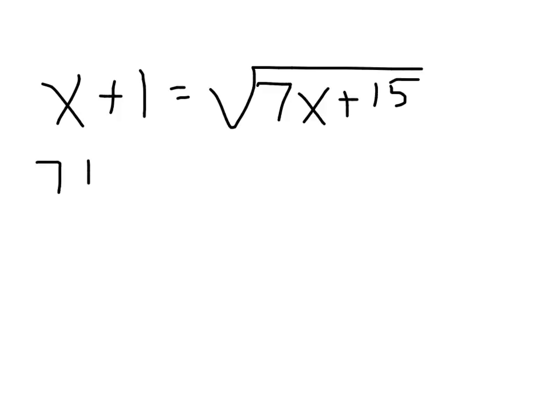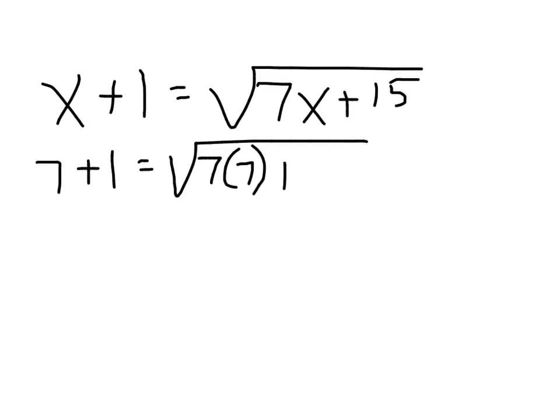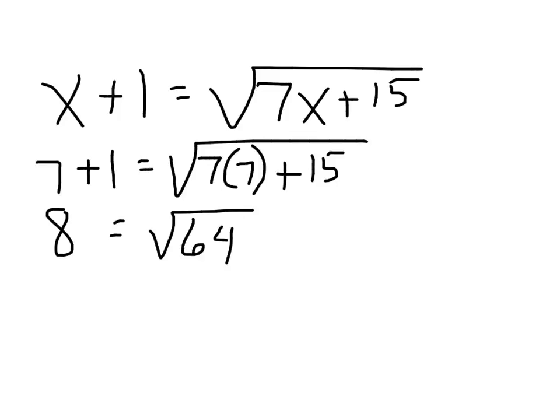If I put 7 in there, 7 plus 1 equals the square root of 7 times 7 plus 15. What's 7 times 7? 49 plus 15? What's 49 plus 15? 64. And the square root of 64, does that make 8?